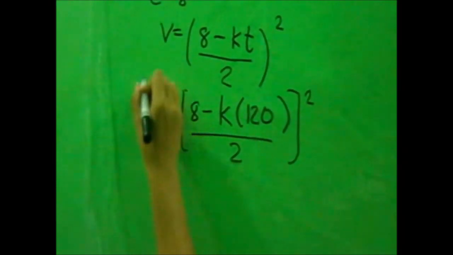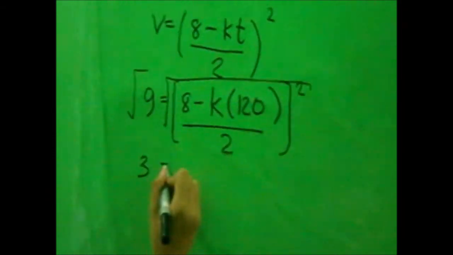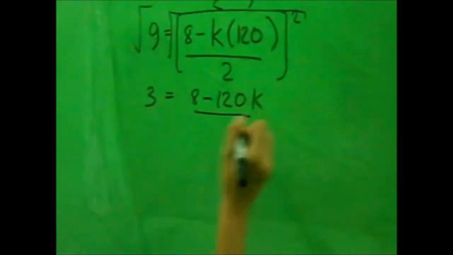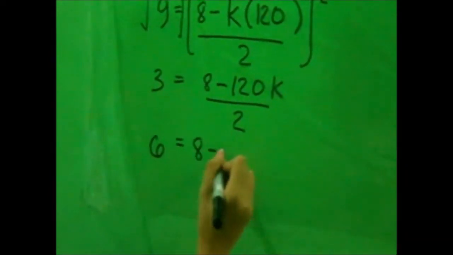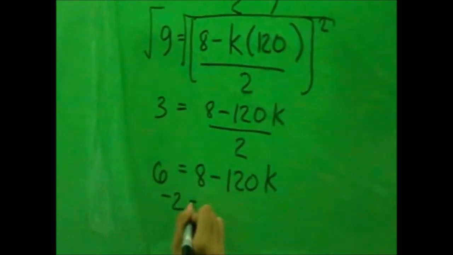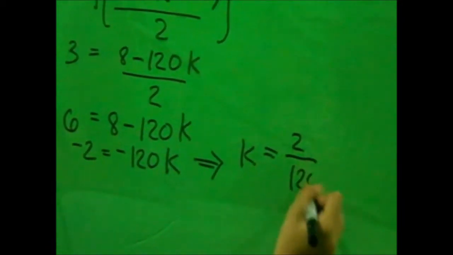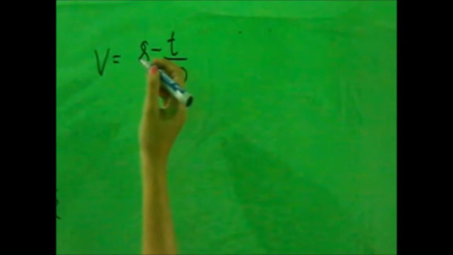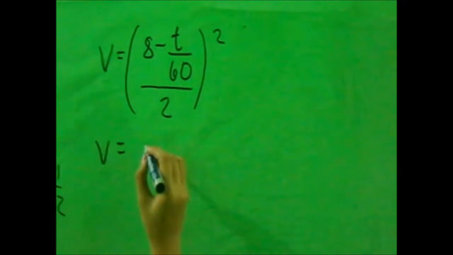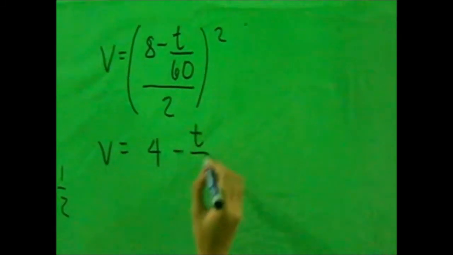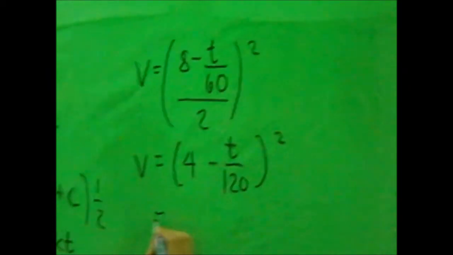Taking the square root of both sides, we have k is equal to 1 over 60. Substituting the value of k to our function, we have 8 minus t over 60 all over 2 squared. So v is equal to 4 minus t over 120 squared.